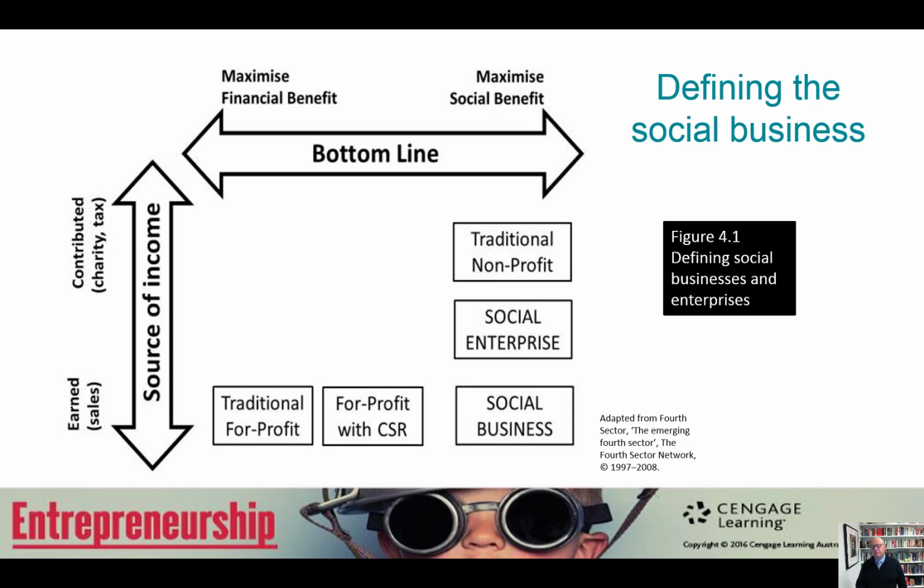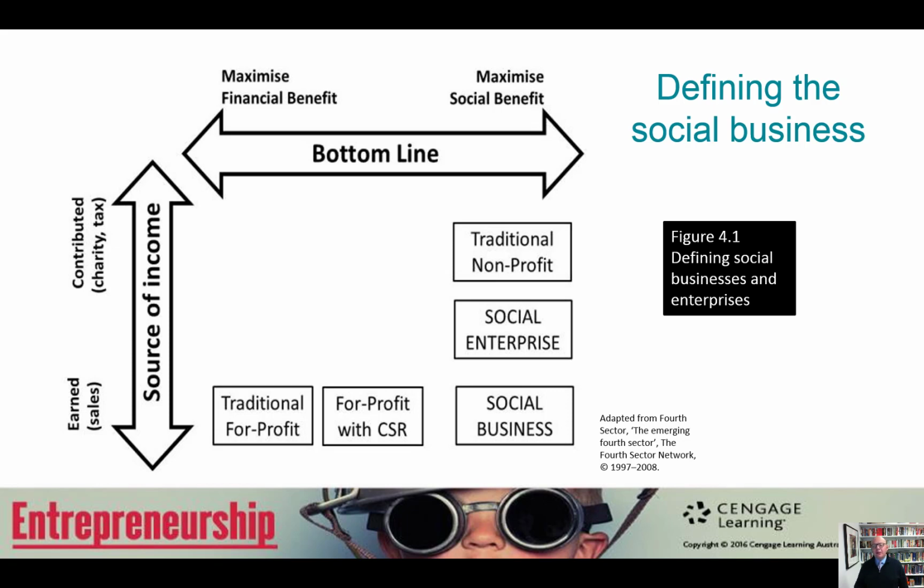In terms of what differentiates social business and social enterprise from not-for-profits, social enterprises and social businesses still tend to make their money through some form of sales or transaction. So there's an earned element to the way they make money. Charities and not-for-profits, on the other hand, tend to make their money through contributions, not through the direct sale of products or goods.